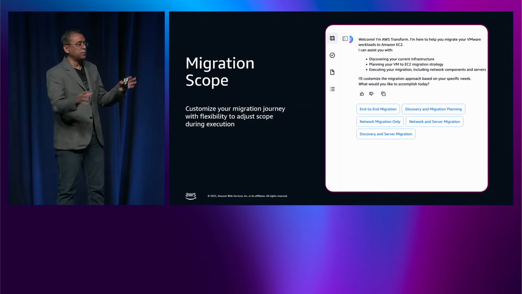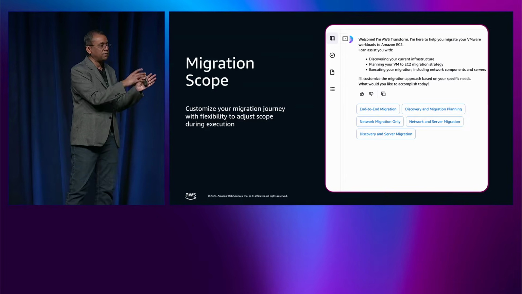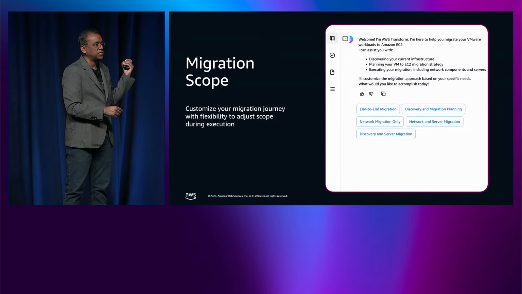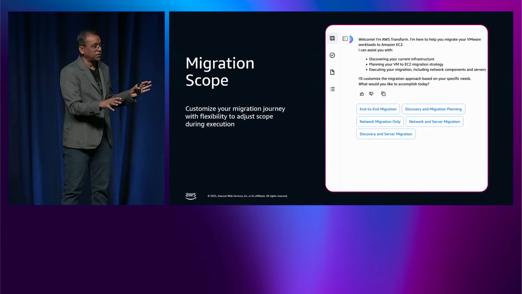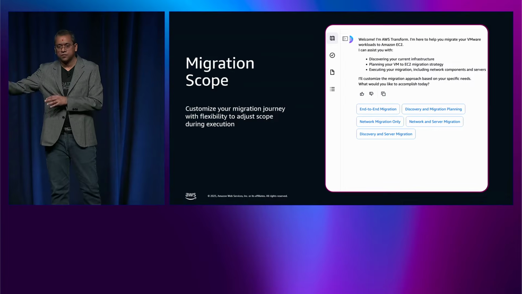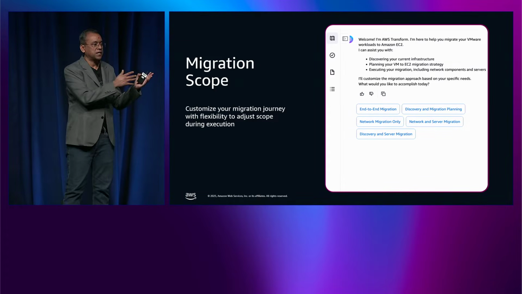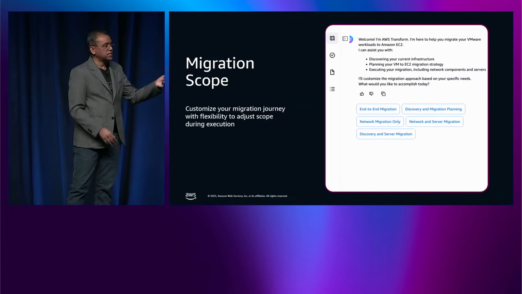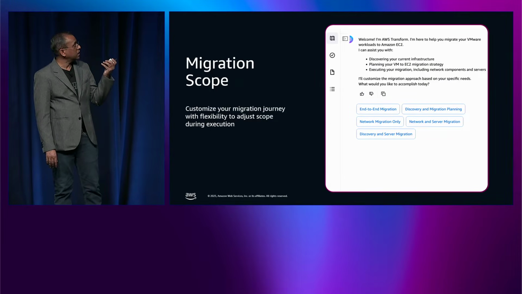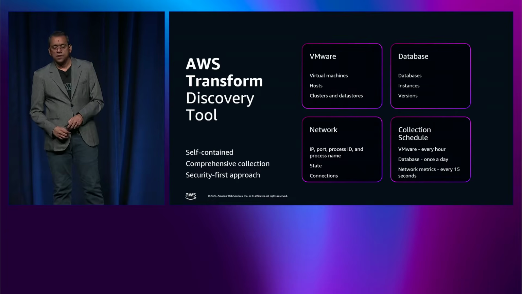Or I have already provisioned certain resources, or I have a plan, just use the plan from another job. All of those things you can do. You can take artifacts from a different workspace, or a different job in the same workspace, and reuse them here. So that's the agentic capability that we have brought in here.